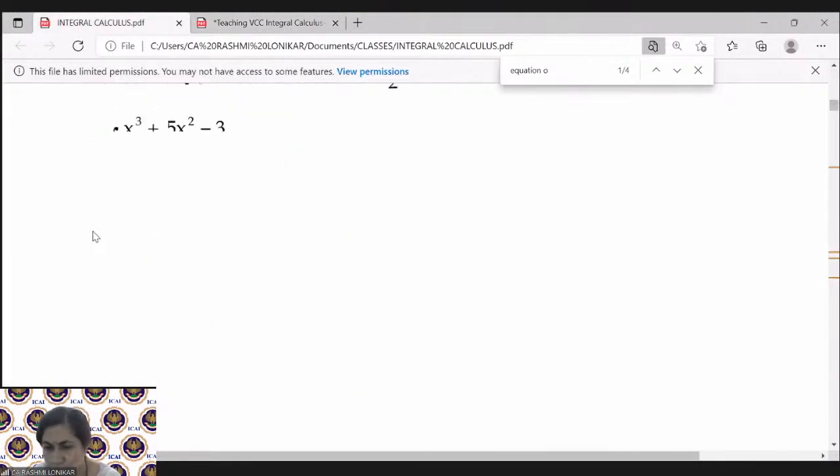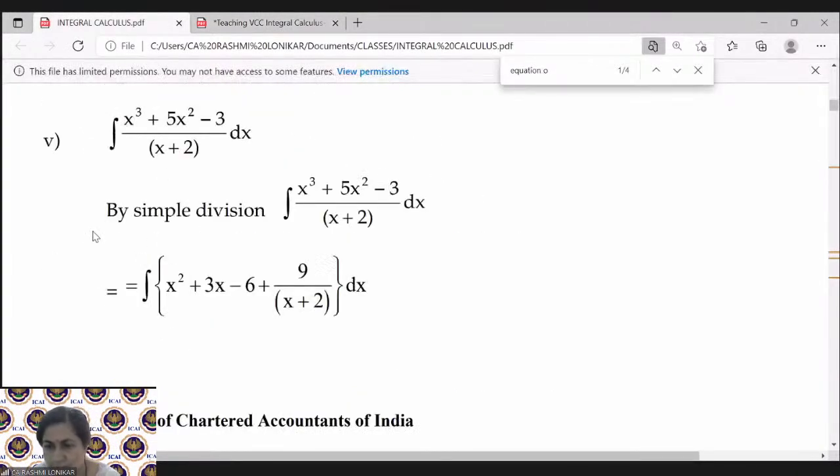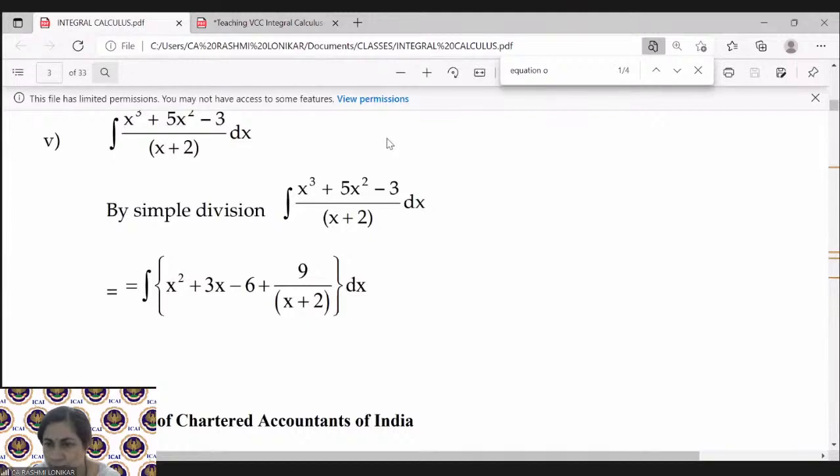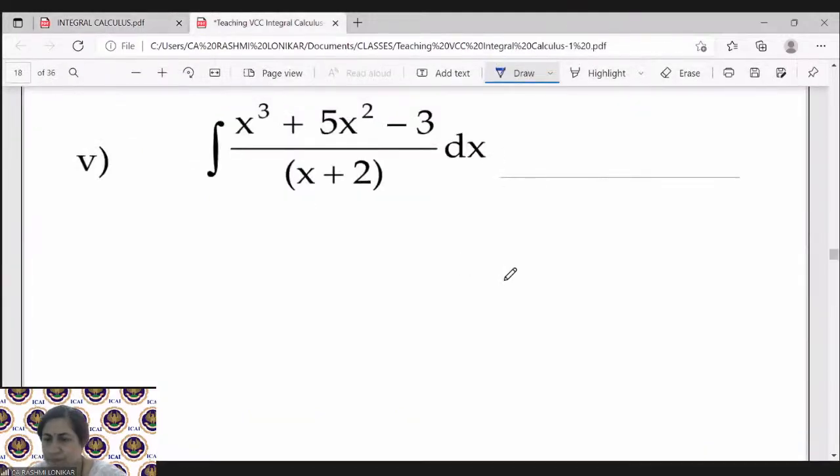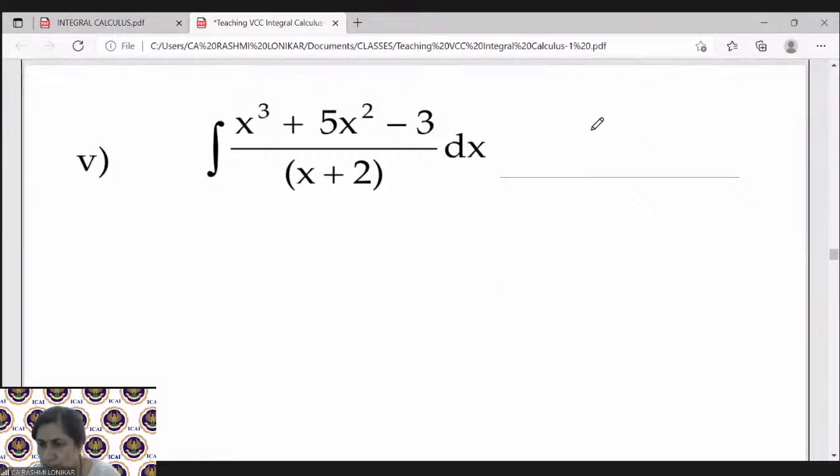Can you tell me what will be the answer when I divide by actual division? Let us do it over here. x cube plus 5x square minus 3, and I want to divide this by x plus 2.